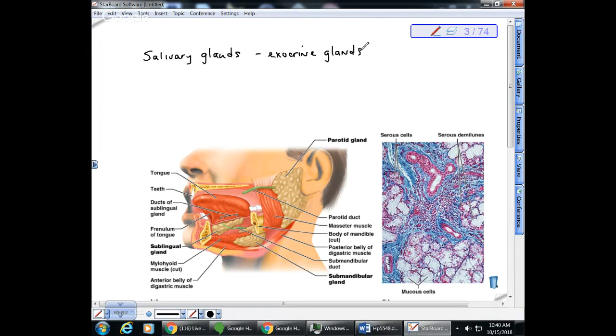The reason they're exocrine is they have ducts. You have ducts that run under the tongue and have openings. Under the tongue, we have the sublingual salivary gland. We have the submandibular salivary gland, and sometimes that will become sore. You have lymph nodes under your jaw, but you also have salivary glands underneath the jaw. And then the parotid gland is a big salivary gland that's in your cheek.